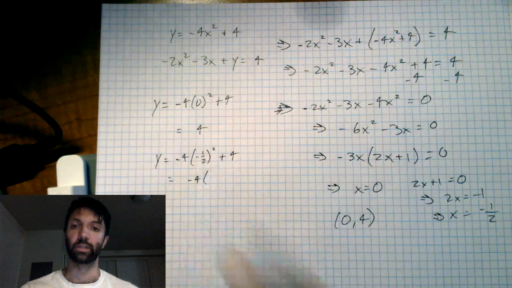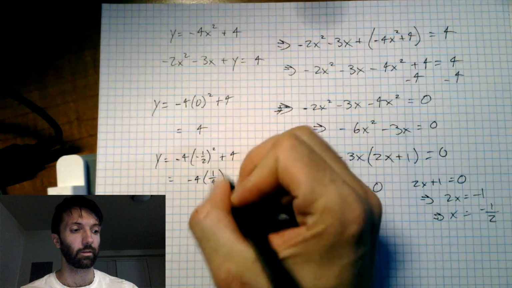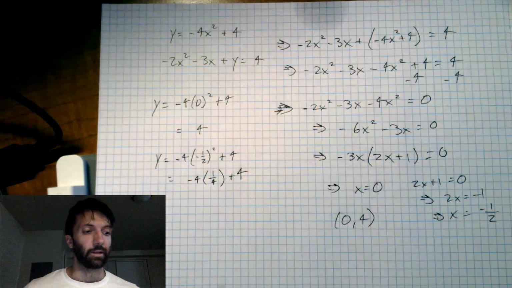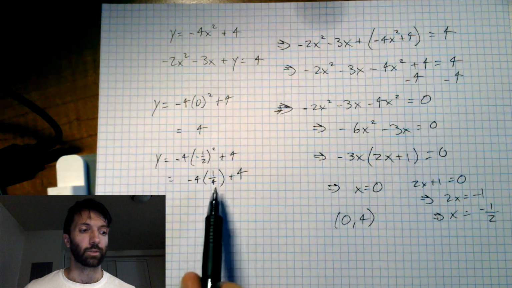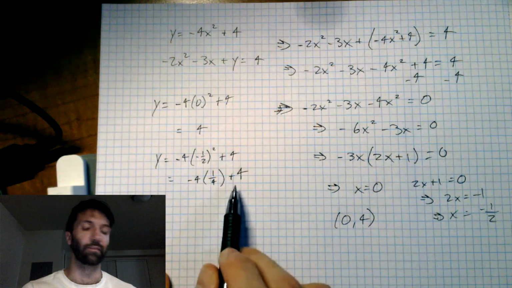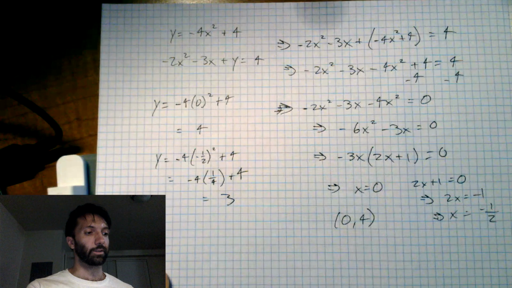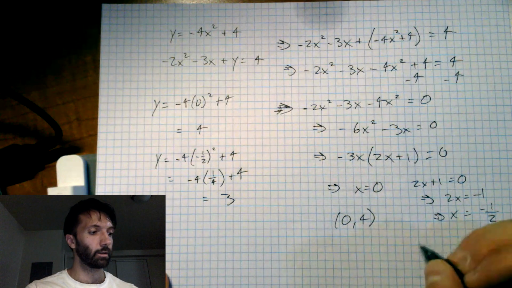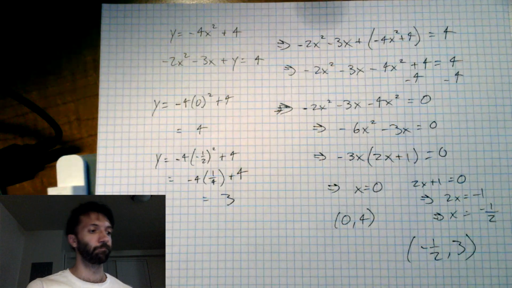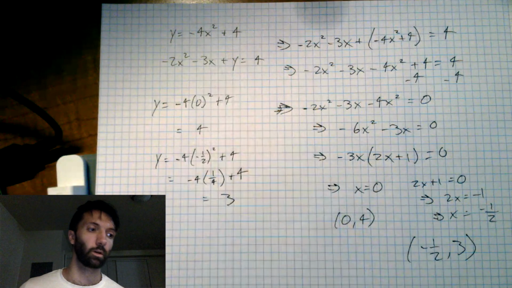Negative 1/2 squared means negative 1/2 times itself, which is going to be a positive 1/4. And negative 4 times a positive 1/4 is going to be a negative 1. And negative 1 plus 4 is positive 3. And so my second solution is going to be (-1/2, 3). And these would be the two intersection points of these two parabolas.